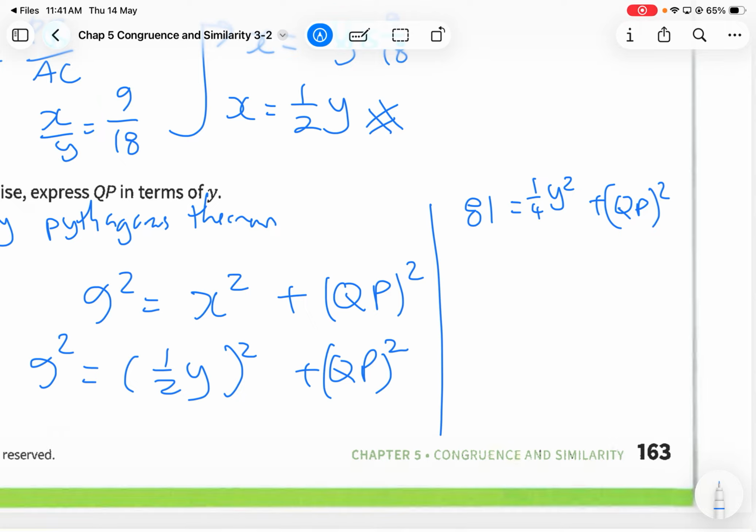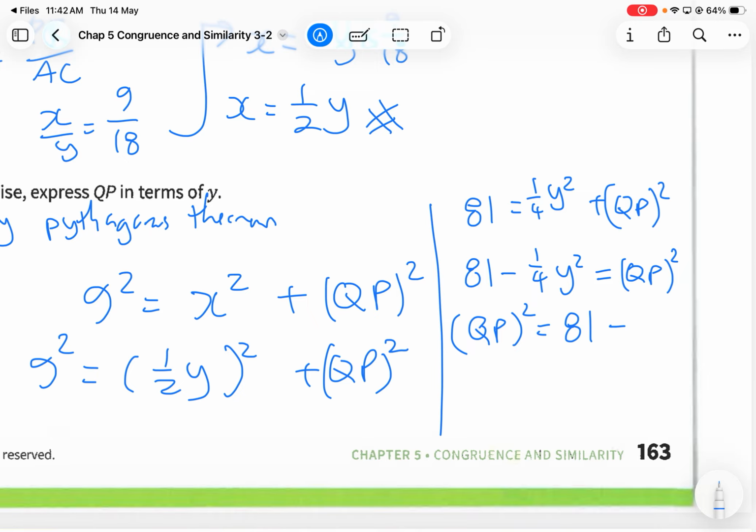Then I want express qp in terms of y, means I want to make qp the subject. Okay? So I will put qp on one side, bring everything else to the other side. Then I switch the left and the right, meaning qp square I write on the left hand side.